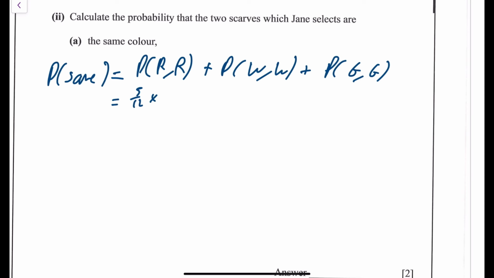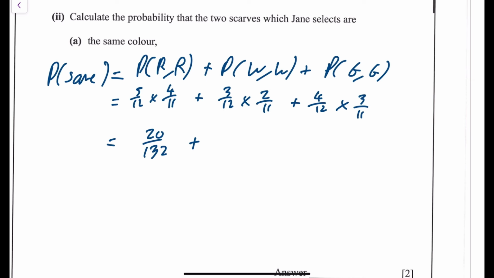5 over 12 times 4 over 11, plus 3 over 12 times 2 over 11, plus 4 over 12 times 3 over 11, which means 20 over 132 plus 6 over 132 plus 12 over 132, which works out to be 38 over 132, which cancels down to be 19 over 66.